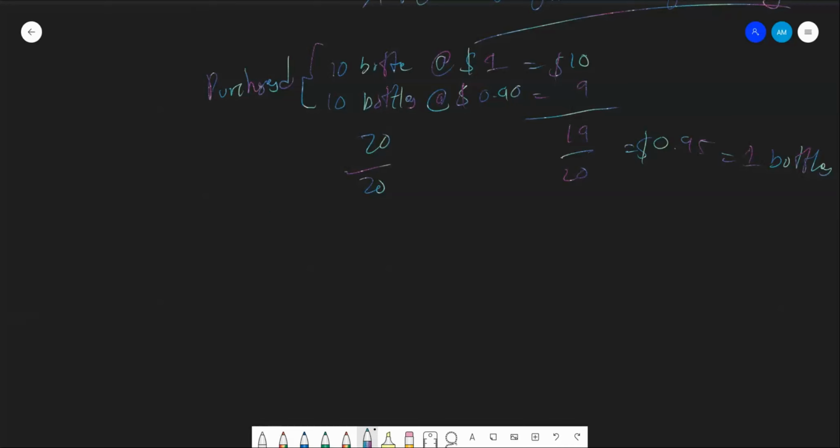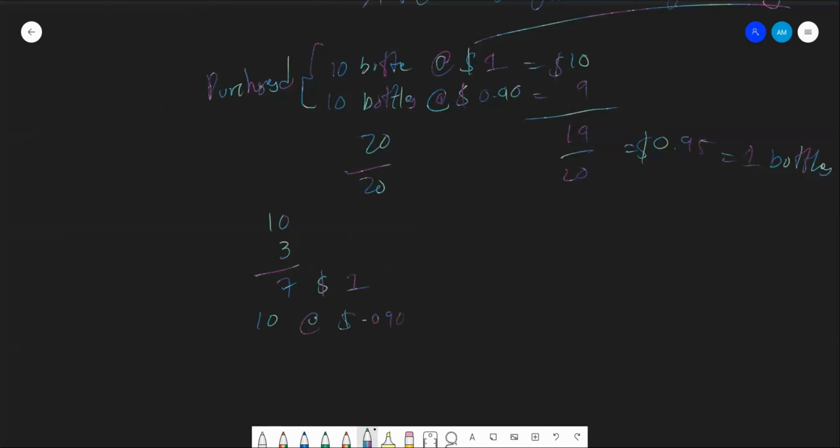So we have 10 first, we sell 5. We remain with, let's not make it 5, let's not make it easy. Say we sold 3. We have 7 left. 7 bottles at $1, right? We buy another 10, and that is at 0.90.